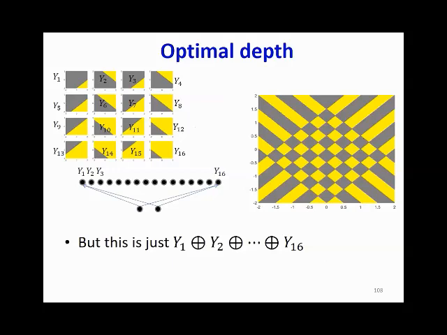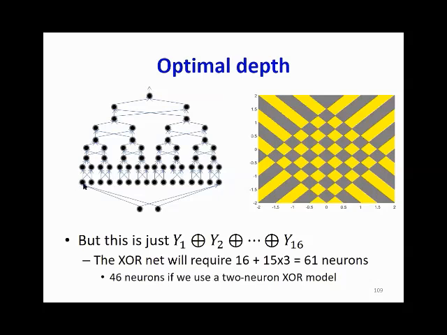So if I compose this using an XOR network, I just need the 16 line detectors, and on top of that 15 XORs, which can be done using 30 neurons if you use Friedland's model. And so this entire network can be computed using just 46 neurons. This decision boundary on 2 inputs can be computed using 46 neurons.